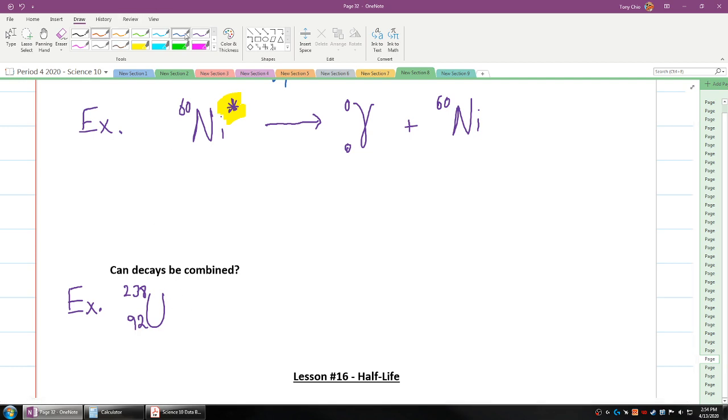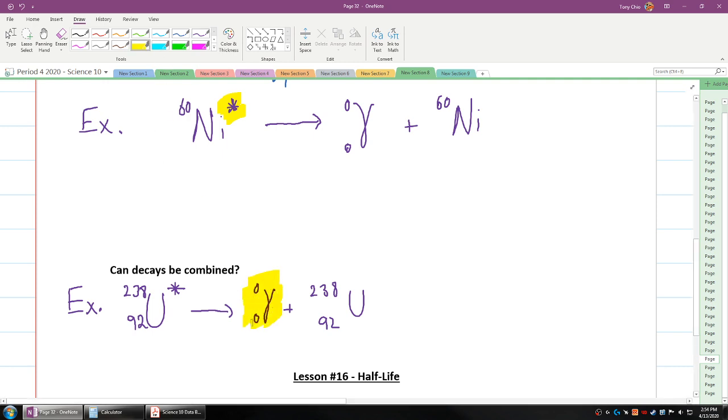Because it undergoes gamma decay, it also means that it has a redistribution of energy. It needs a star. So let's write it out first as it undergoes gamma decay. It's going to release gamma particles, but the mass and atomic number do not change. And now this gamma particle is going to go out into space.